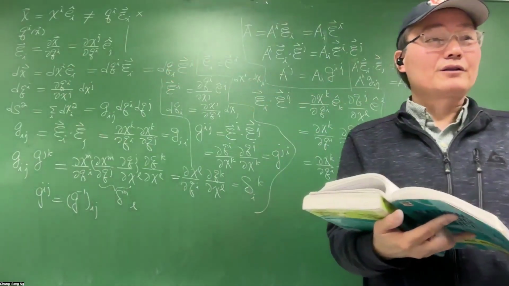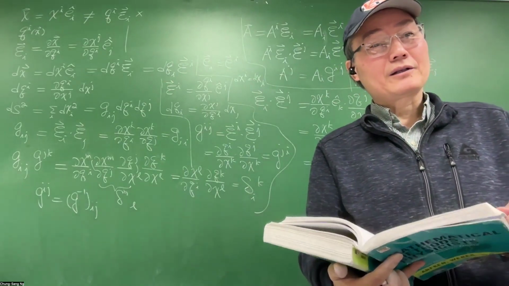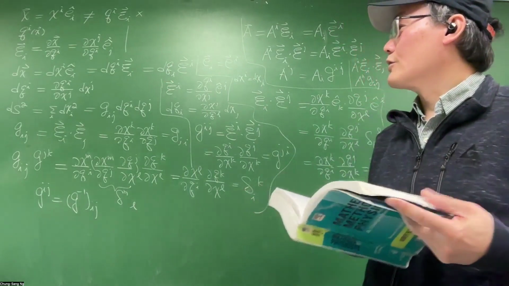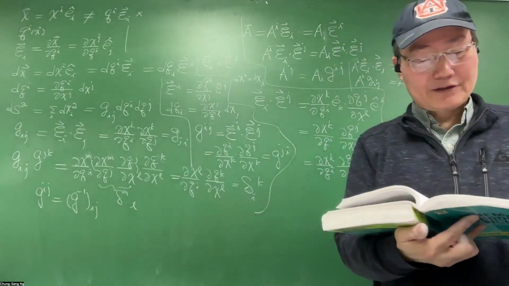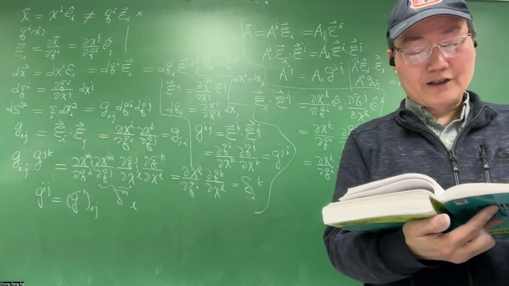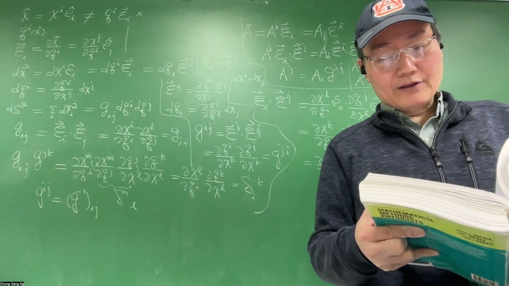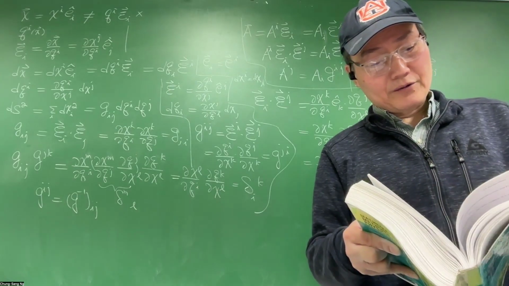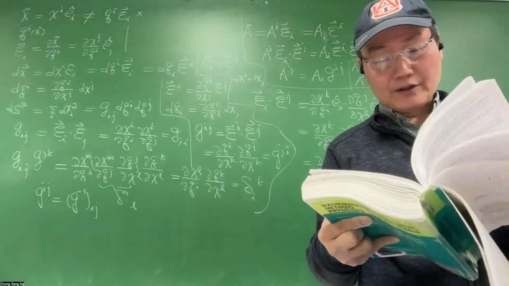You can now choose your spherical coordinate or your cylindrical coordinate, and work out this G_ij or the epsilon for the coordinate system, and make it slightly more general. You can use the language of what we call the curvilinear coordinate system.